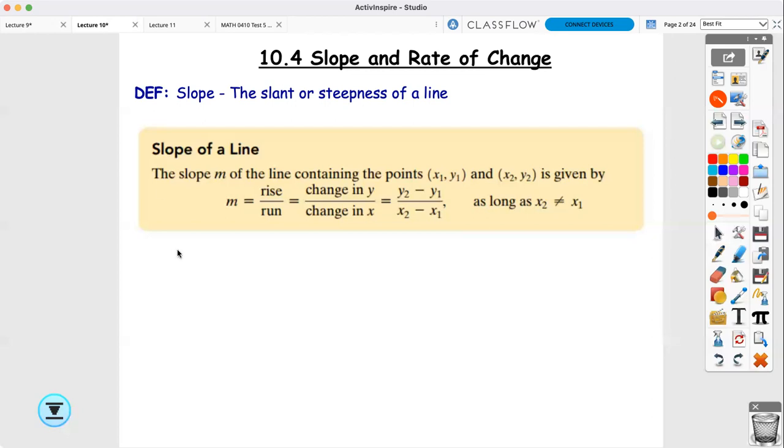All right, so let's talk about what the slide says. The definition of slope, guys, which I want you to start knowing intuitively, is the slant or steepness of a line. Slope only tends to correlate with lines.